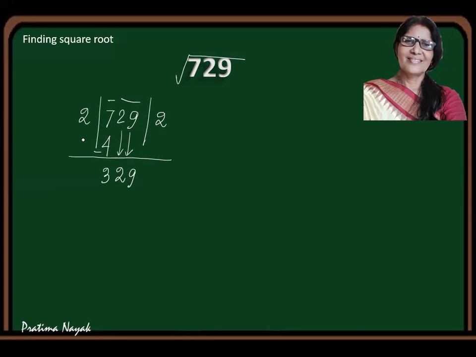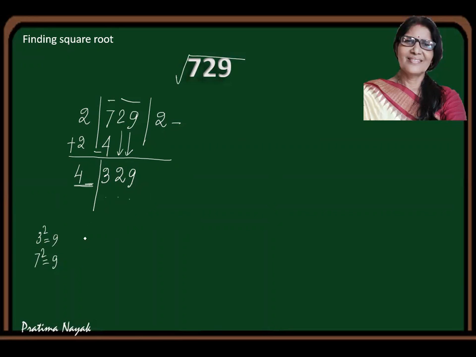Next, this quotient 2 is doubled and put in the tens place, and we need another number here which will be multiplied with the same 2-digit number to get 329. So you should think that at the unit place, 9 is the square of 3 or 9 is the square of 7. It ends in 9.